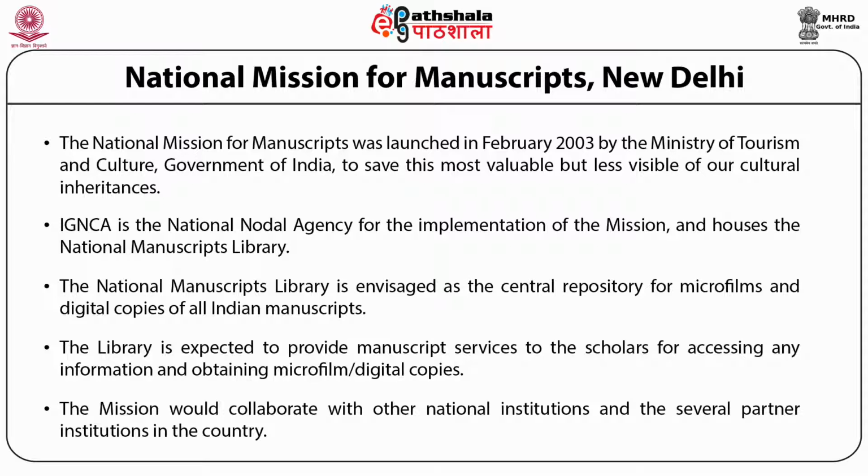The mission's objectives with regard to the manuscripts located all over the country are survey and locate, catalog and compile, conserve and preserve, promote access, promote scholarship, and public outreach. The mission's main aim is to create an electronic database of manuscripts.